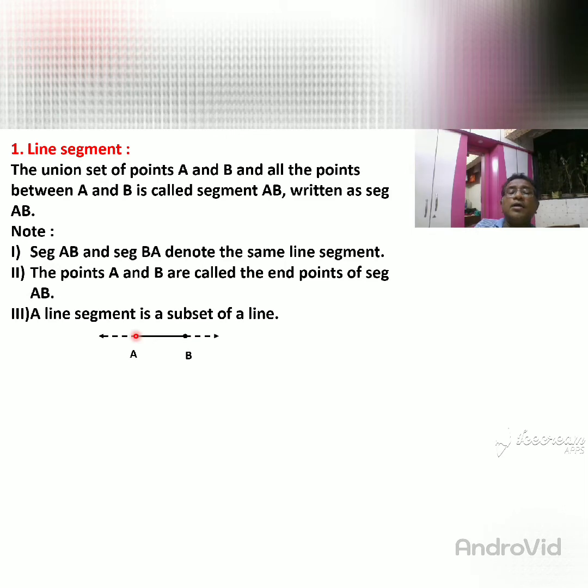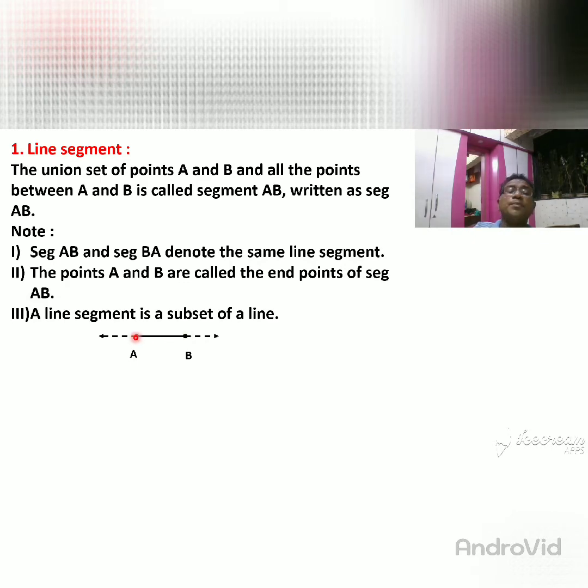This is the limited portion we must understand. For that we can give the first point the name A and the second point the name B. So this is given the name AB segment, written as seg AB. If you start naming from A, you say segment AB, and if you start naming from B, you say segment BA.